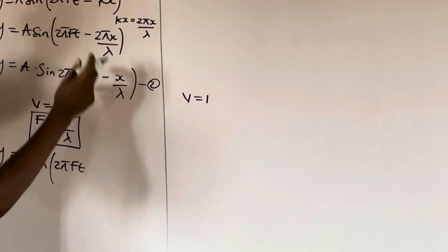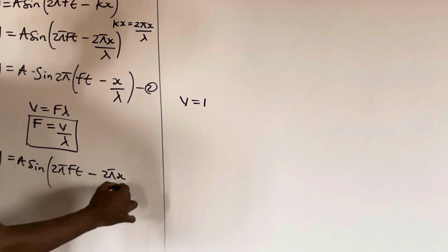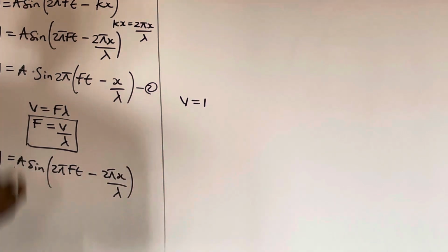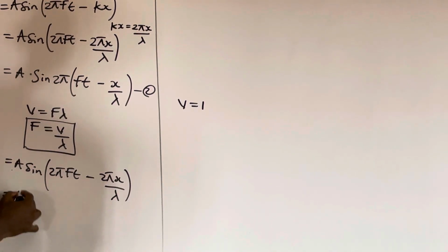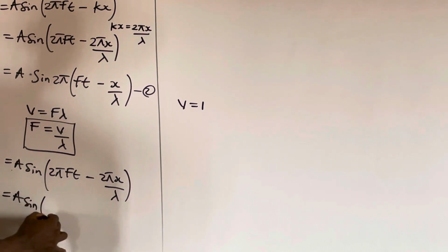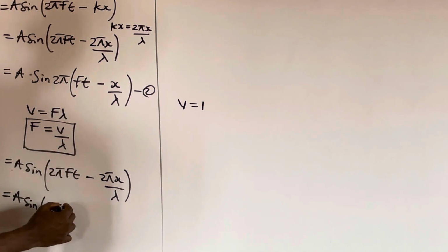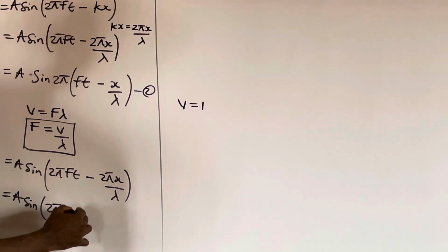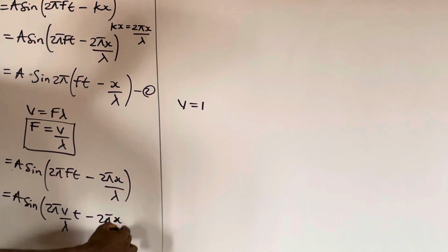I'm repeating this equation 2 now, minus 2 pi x over lambda, right? Now to get my equation 3, y equals a sine bracket 2 pi. Where there is f, I will replace it with v over lambda. So I will have v over lambda t minus 2 pi x over lambda.